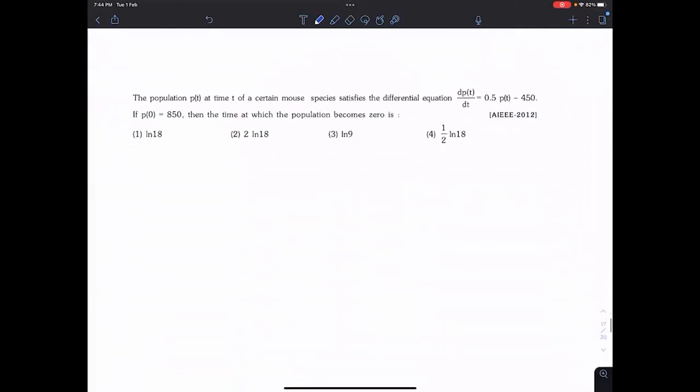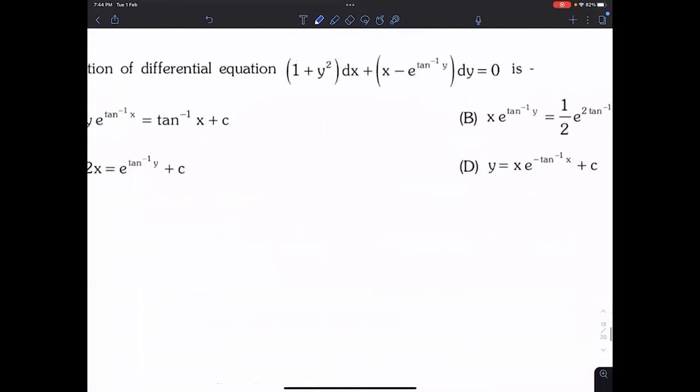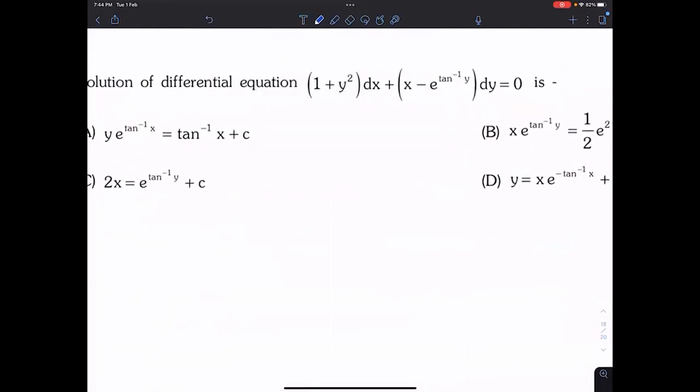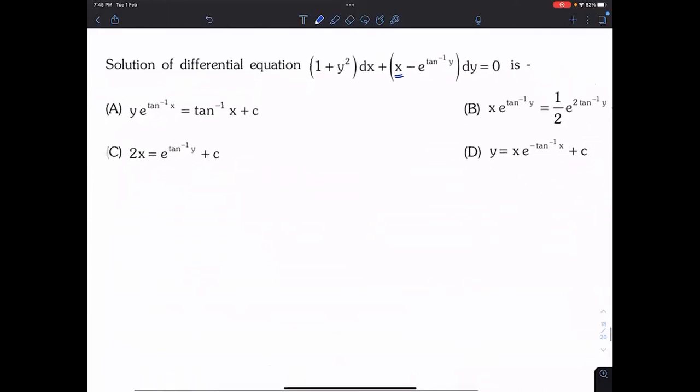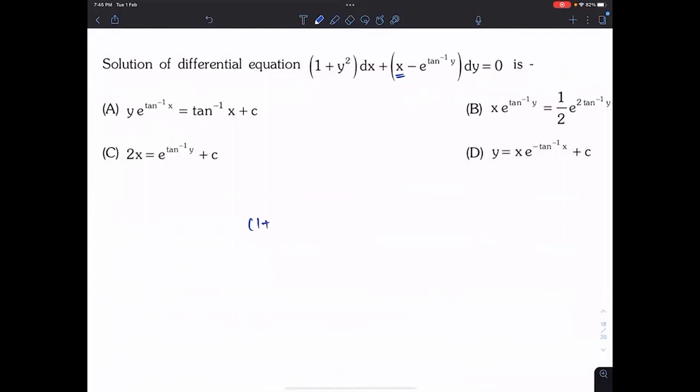Now let's take another one. Let's see this. We have to decide whether it is LDE in x or y. Here, clearly y square and so on is there, but x, what is there? Only x is there. So try writing it like LDE in x, that is 1 plus y square into dx by dy plus x equals e power tan inverse y.